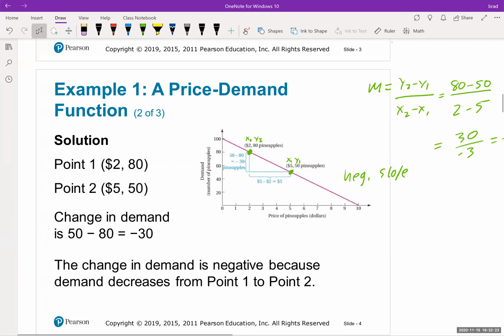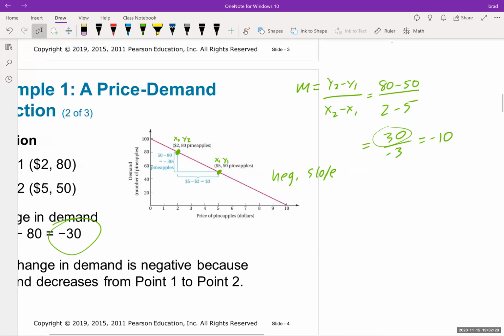Okay. So they got 30, we got 30, but we went a step further. We went a step further and found out that, did I do it wrong? No, that's good. 80 minus 50, but then, okay, yeah. So we get a negative slope. Okay. So our m equals negative 10. Okay.